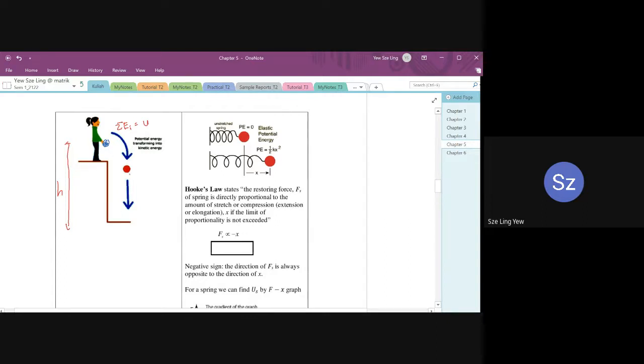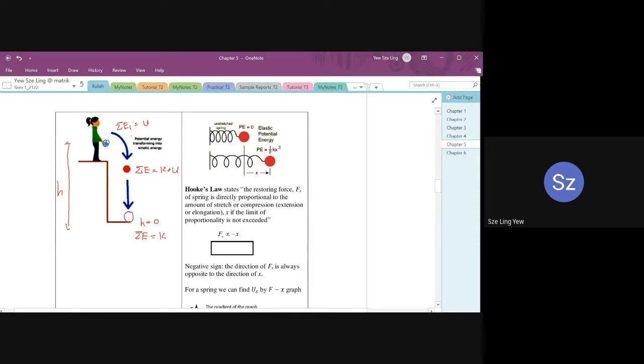When you drop the object, it is somewhere in between the highest point and the ground. Then at this position, we say summation E is equal to K plus U. It has both kinetic energy and also potential energy. And the moment it reaches the ground, at this position, we know that h is equal to 0. Therefore, what do we have? We have summation E just equal to K, kinetic energy.